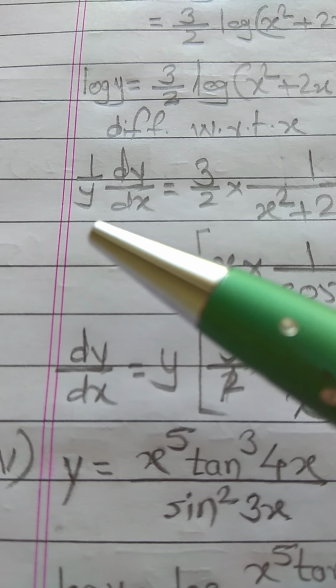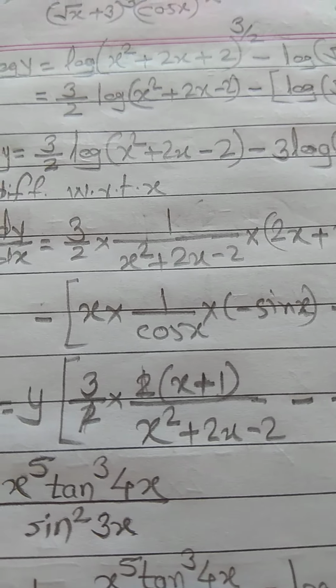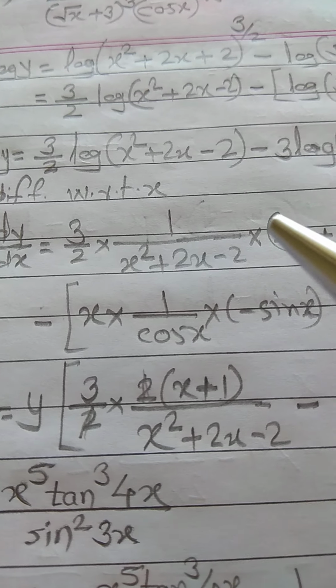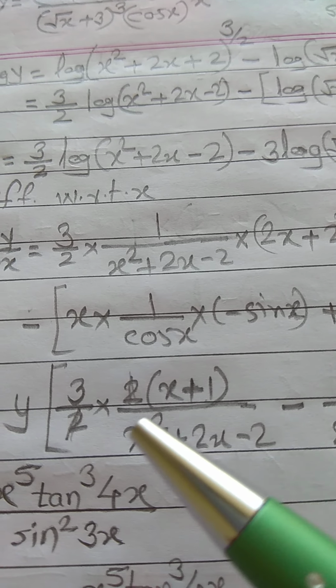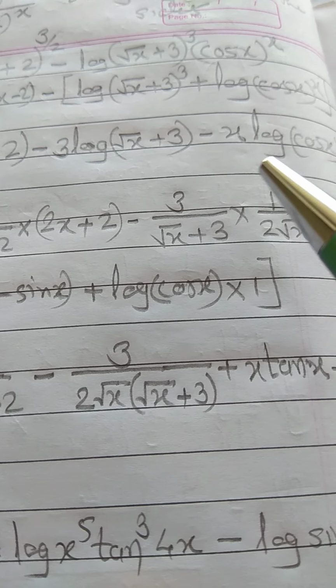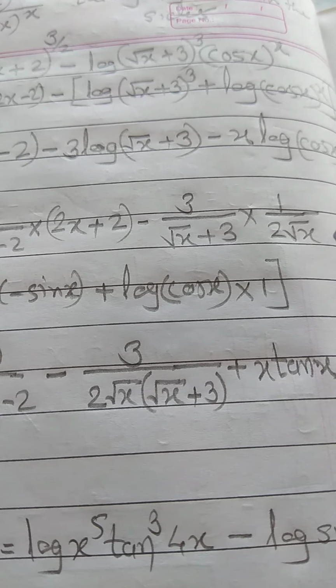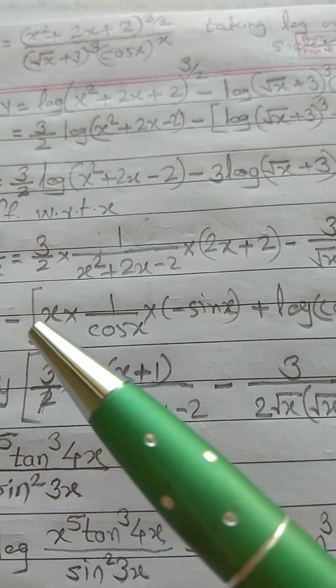Now this 1 upon y will go to that side and will become into y. This 2 and 2 are common from this bracket, 2x + 2, that means 2 in bracket, x + 1, this 2 and 2 can get cancelled, minus 3 ones are 3, 2√x in bracket √x + 3, minus, and this minus into minus will become plus x, sin upon cos is tan x, see x tan x, plus log of cos x.